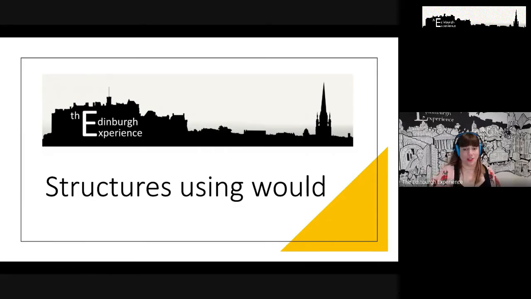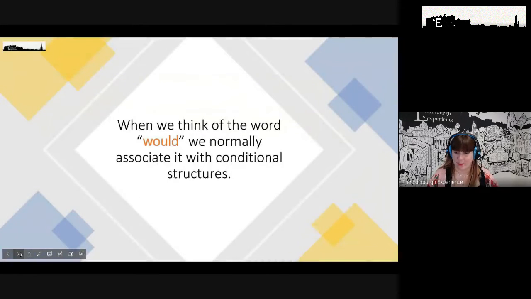I'm really excited about today's lunchtime lesson because we're going to talk about something I'm really passionate about when it comes to teaching English, and that is pragmatics, okay? And we're going to look at pragmatics in the examples of using these structures with the word would, because it's a really great example.